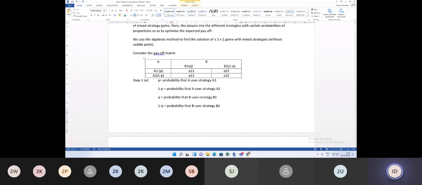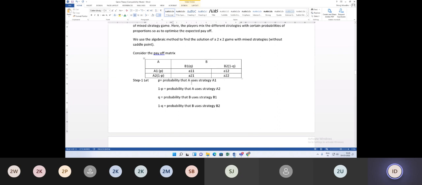Because the summation of the probability is always 1. Therefore the rest of the probability is 1 minus that probability, which lies between 1 and 0. So that is why here 1 minus Q.